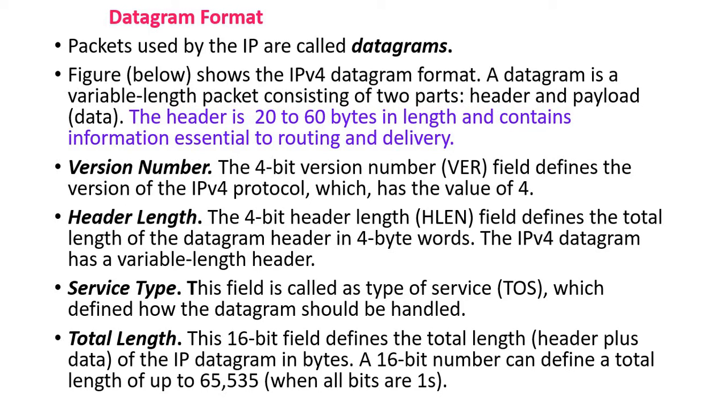Then service type, called TOS, the type of service, defines how the datagram should be handled for what kind of service. Then the total length can be 65,535 bytes. That is the length we have for the IP datagram.